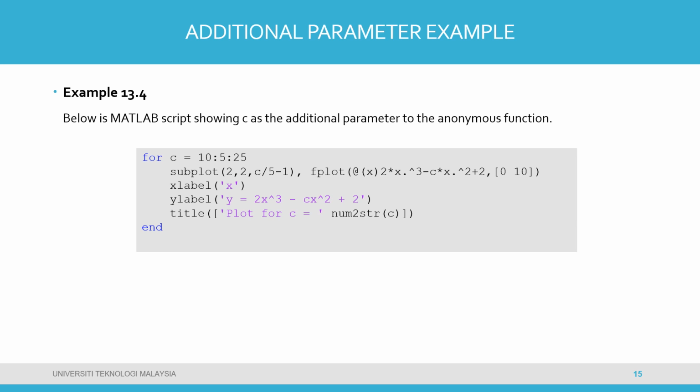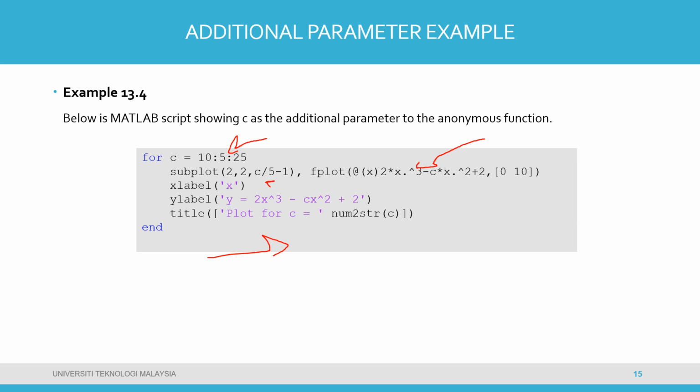Okay, so still on functions. Basically you have a function here with a c value, and you have to call the c value inside the function. So basically you create a plot here with multiple values.